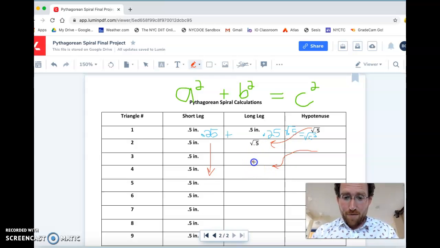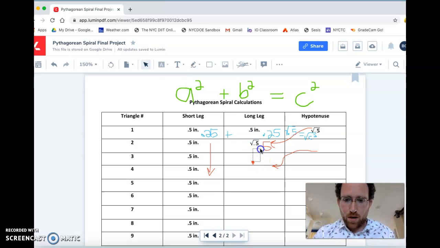So whatever number is under the square root sign is going to be what the long leg is when it's squared. So then I would say 0.5, plus, and that 0.5 should actually be up here. One second, that's writing it in the wrong box. So that should actually be up here.